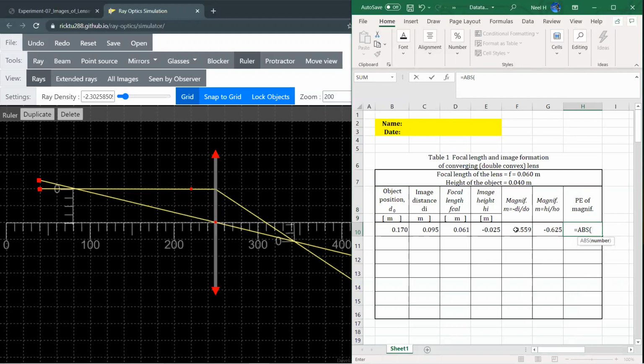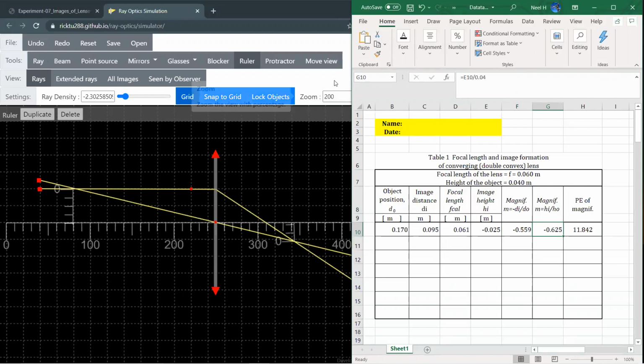So the first one minus the second one, divided by the ABS of the first one, close bracket, multiplied by 100. It's a little bit of high error because of the estimation we're doing here. Okay, then let's continue.